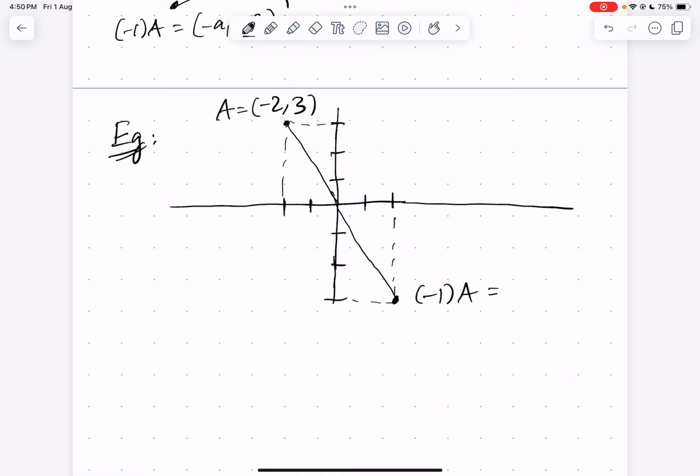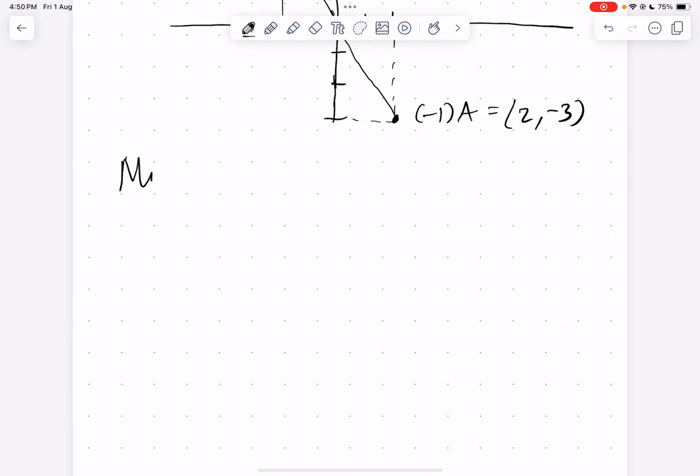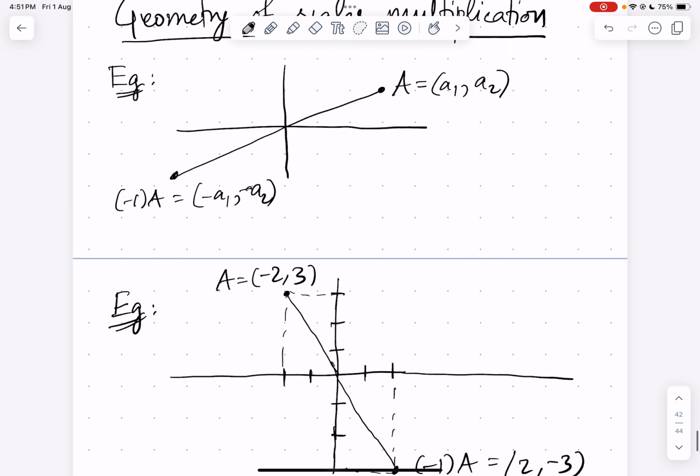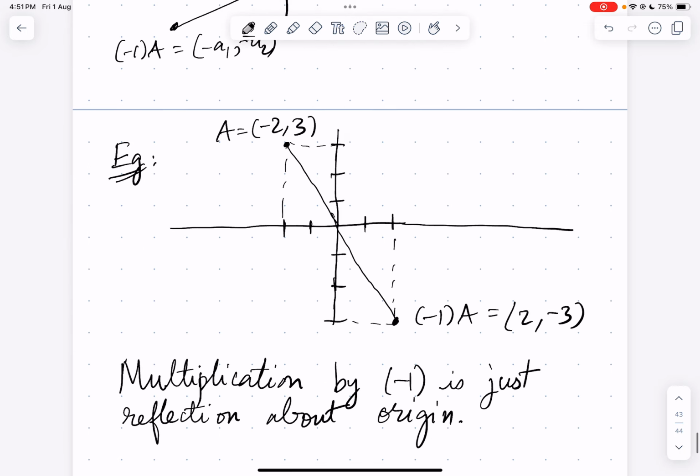So what we see is multiplication by -1 is just reflection about the origin. Right, so multiplication by -1 just reflects the point about the origin.